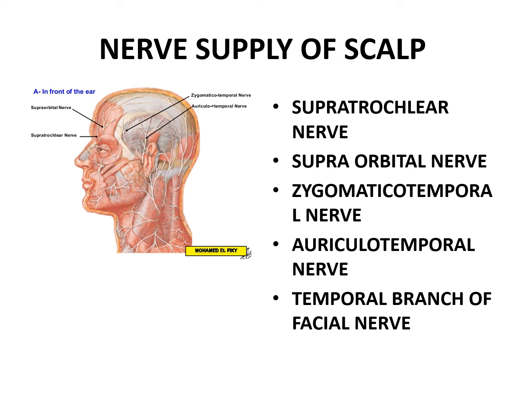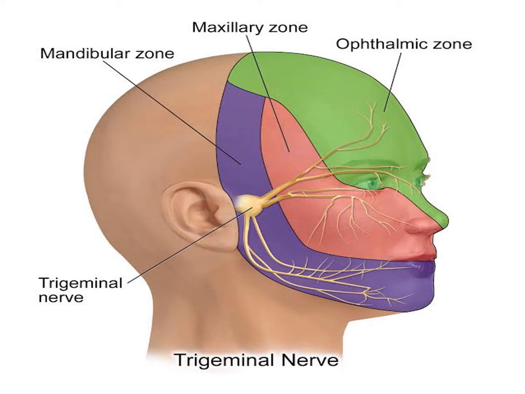The nerve supply of the scalp. The scalp is supplied by 10 nerves. The sensory nerves of the scalp are from the fifth cranial nerve, which is the trigeminal nerve.